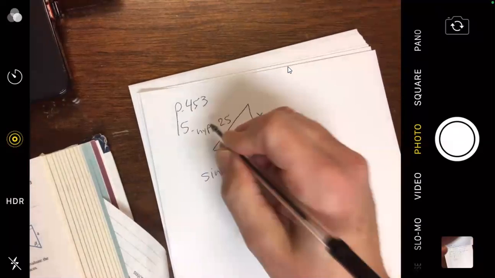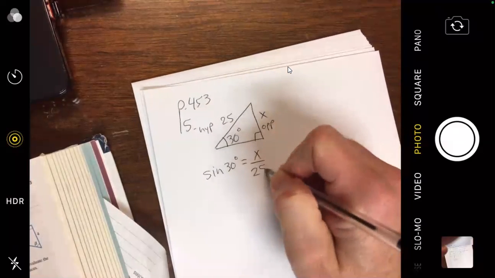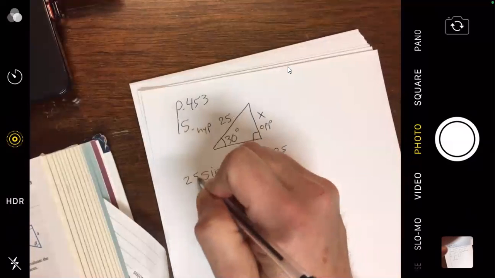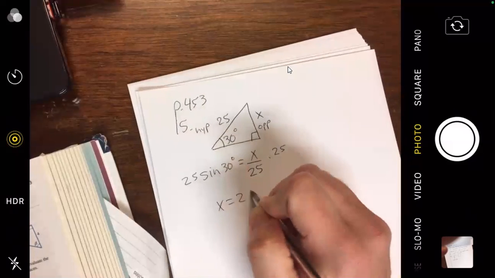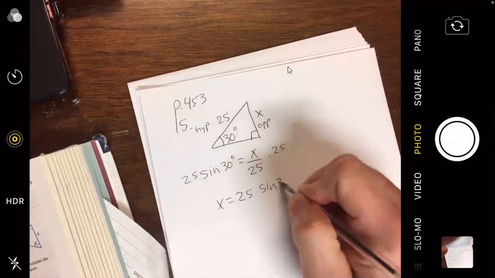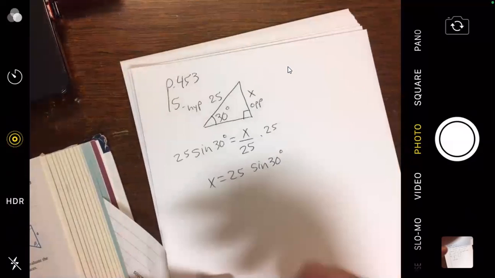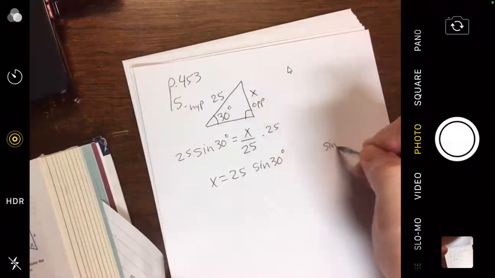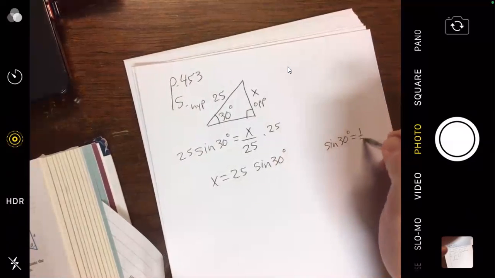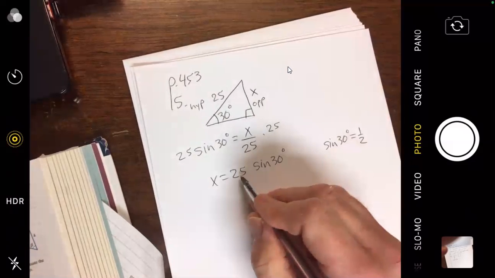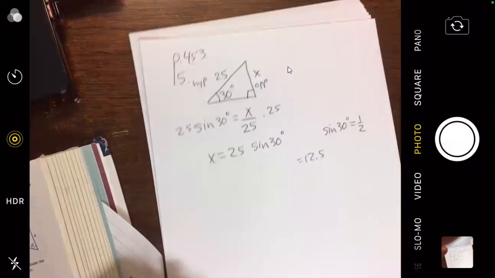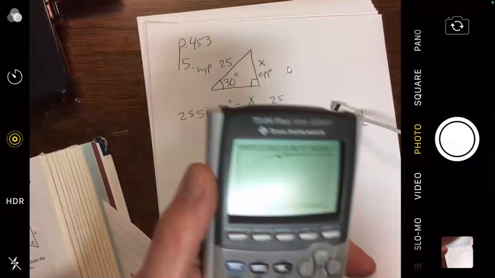Opposite over hypotenuse is X divided by 25. To solve, multiply by 25, and you'd have X equals 25 sine of 30 degrees. That's a special angle, equal to a half. So a half of 25 is 12 and a half. The answer should be 12.5. But we'll punch it out to see.